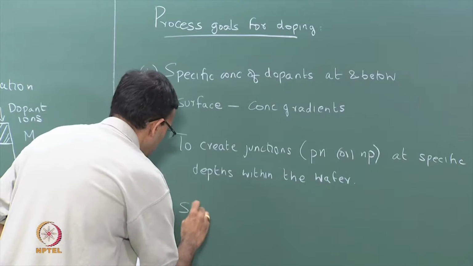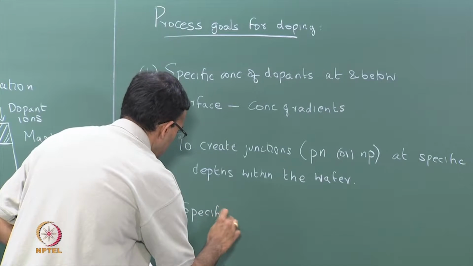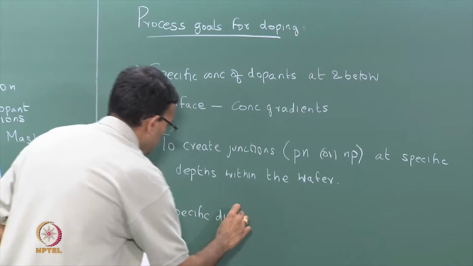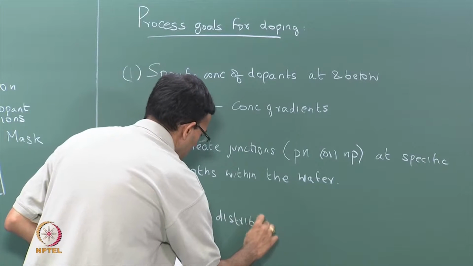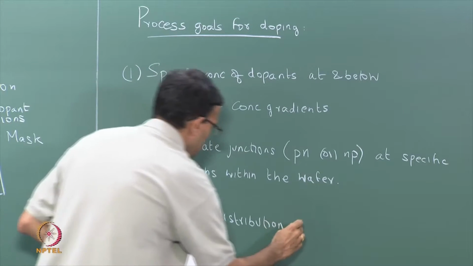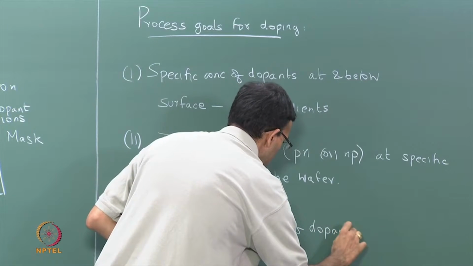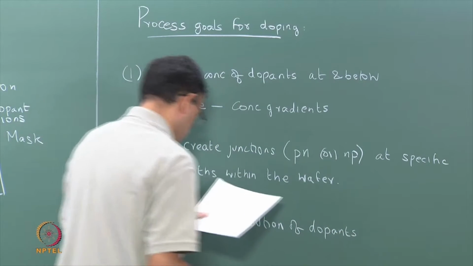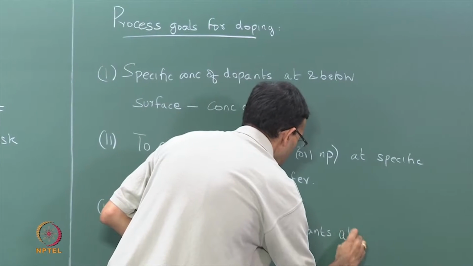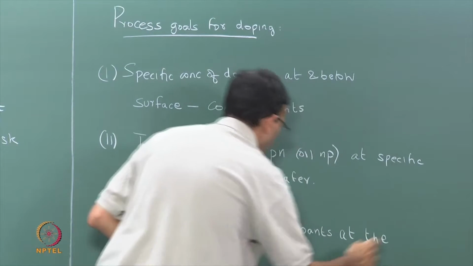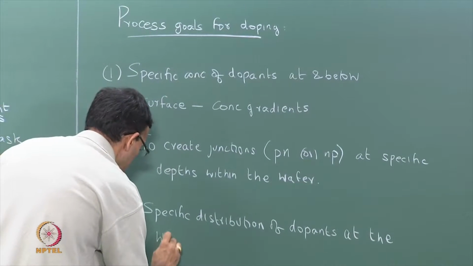And then finally, we should also be able to create a distribution of dopants across the wafer surface. So we want a specific distribution of dopants at the wafer surface.